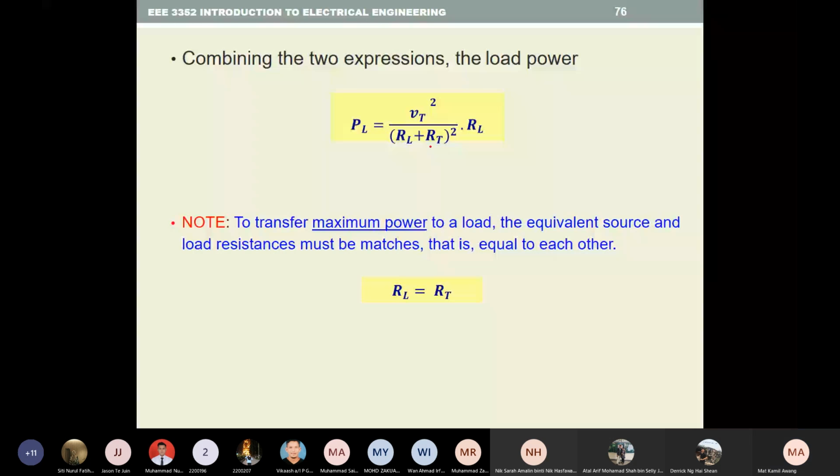Therefore, in order to have maximum power transfer to the load, your load must be equal to the R Thevenin. When the load is equal to R Thevenin, you get maximum power transfer to the load. With any other value, you will not get maximum power transfer to the load.